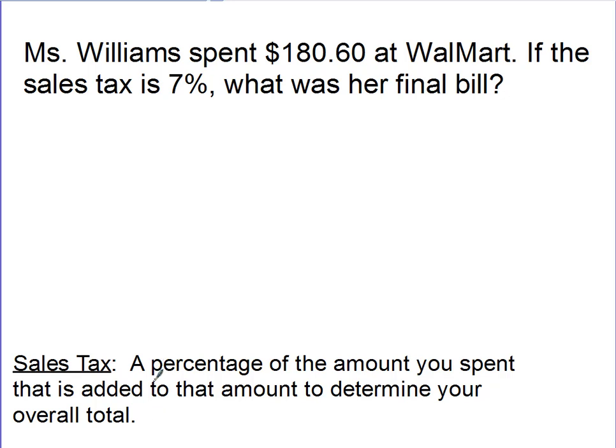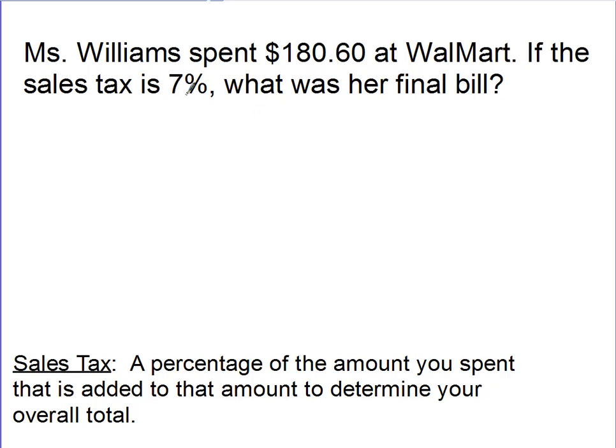So sales tax is something that's added to your bill. In this case, we're going to add 7%. In Walker County, our sales tax rate is 8.25%. Okay? So sales tax is an amount added to your total. So really, sales tax and tip are figured exactly the same way.